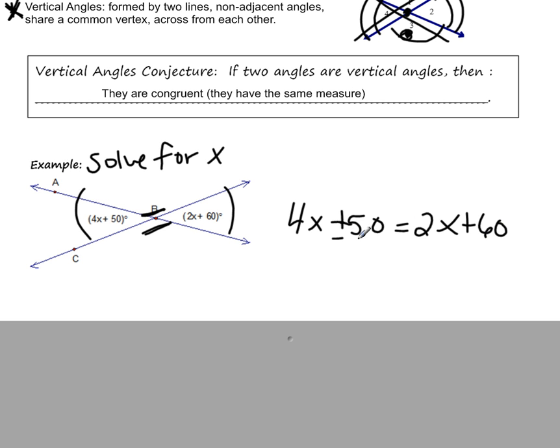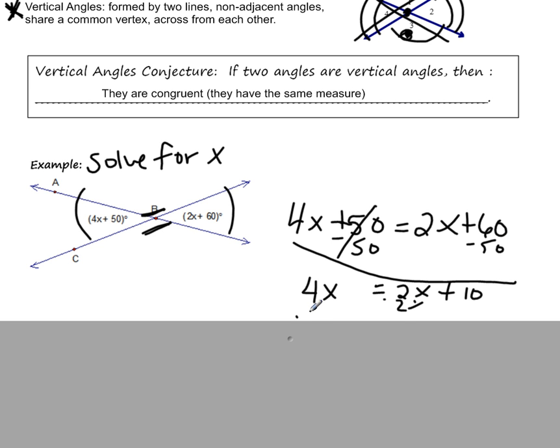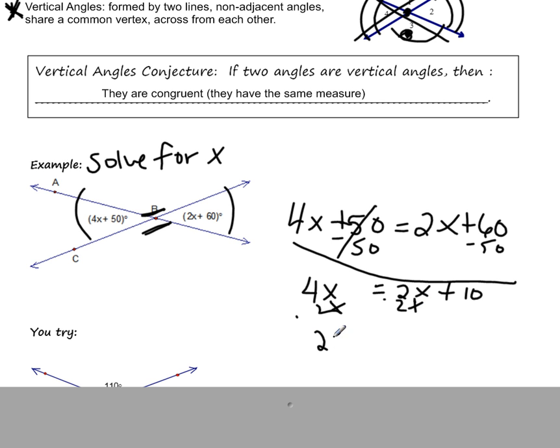Okay, so we can subtract 50 from both sides. So we get 4x equals 2x plus 10. We can subtract 2x from both sides. So we get 2x equals 10.